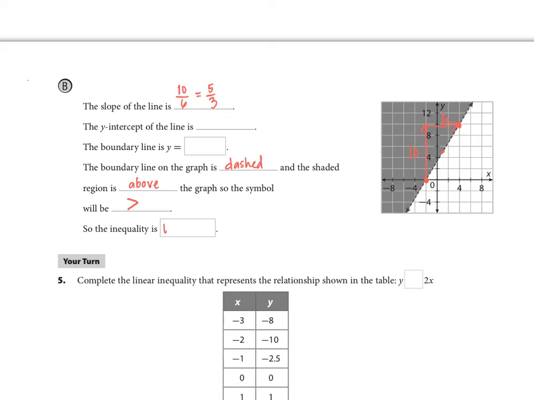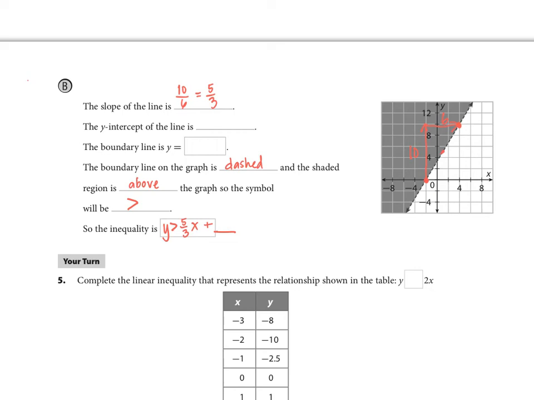So we know it's going to be y is greater than 5/3 x plus something. Now this something, just for the sake of trying to estimate it, and estimating this is totally fine in this case. But if you can try to make it accurate, please do that. So, excuse me, the y-intercept looks like it's just above 3.